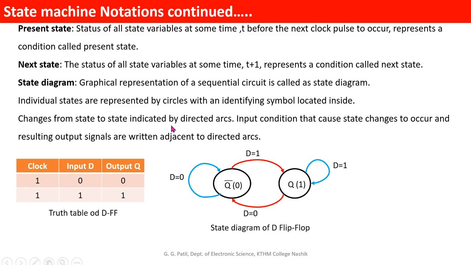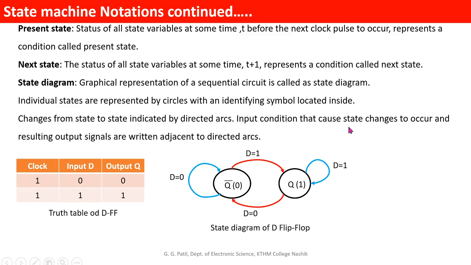Changes from state to state are indicated by directed arcs. The change from one state to another state is represented by these directed arcs. Directed arcs means they are shown by these lines with arrows.